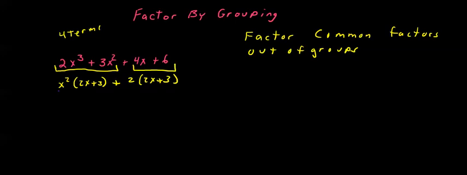All I did is take the greatest common factor out of the first two, greatest common factor out of the second two. Notice that these two factors are the same. Then we factor again. 2x plus 3 is a common factor.